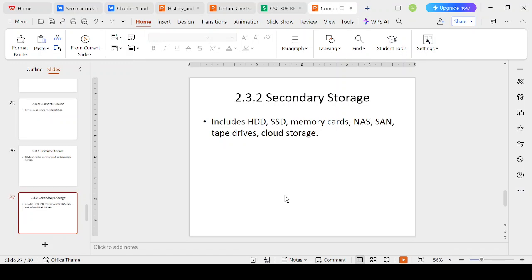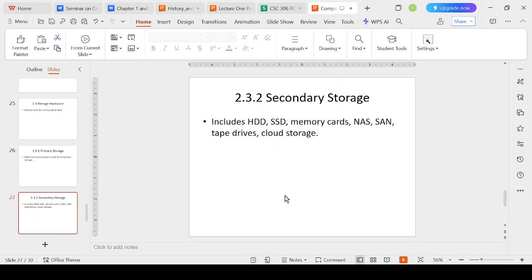We have the secondary storage, the hard disk in your computer that has different capacities. They are secondary storage devices. You have the solid state disk, which is a powerful device that you see in most of the powerful laptops. Mine has it.